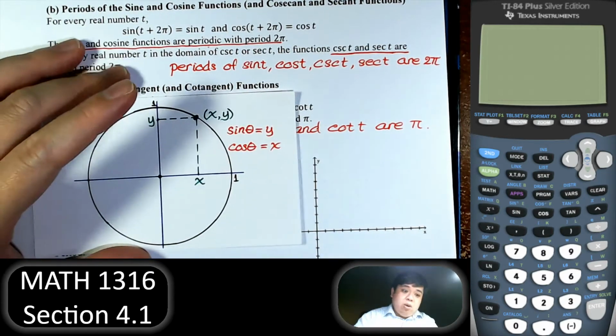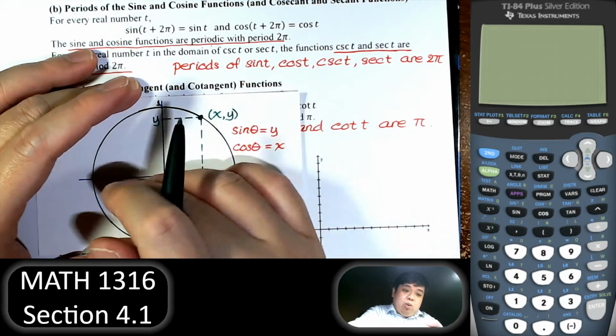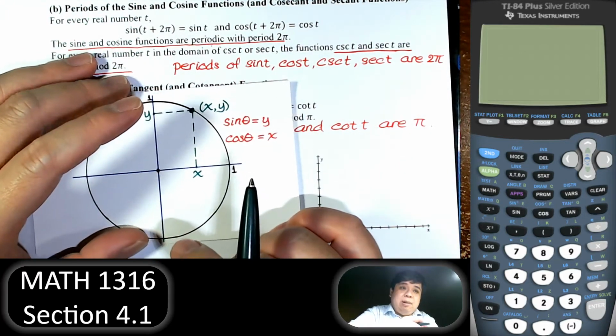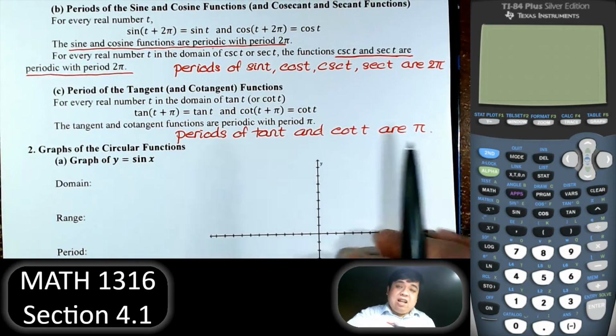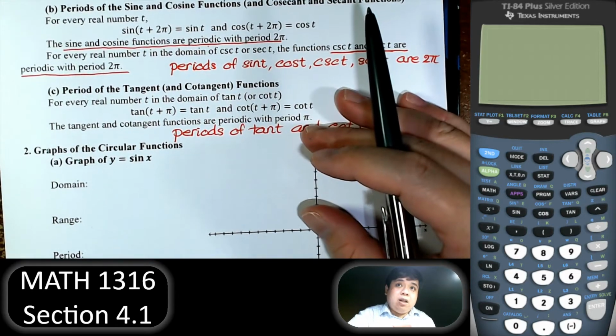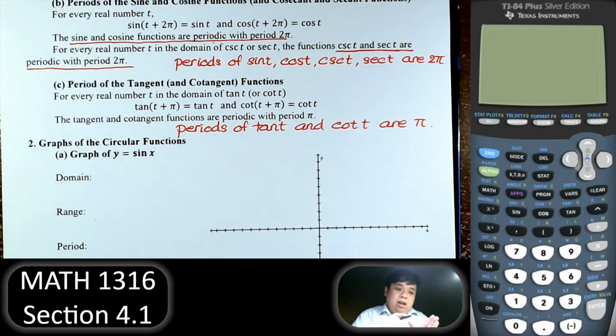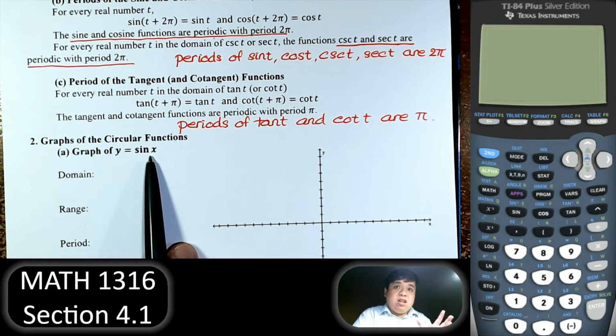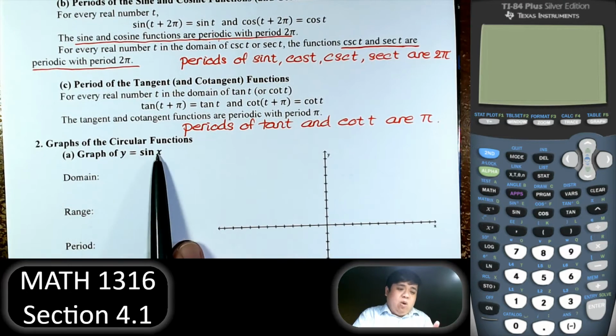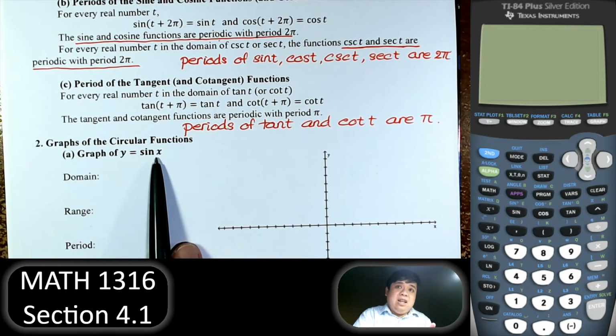In the unit circle, we have the x-axis and the y-axis like this. But in the graph of the periodic function, we also have an x-axis and a y-axis, but x, in this case, is the angle, or the arc length. X here is not the cosine values.